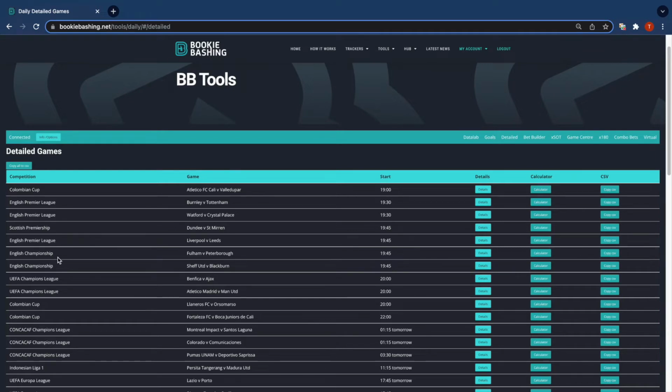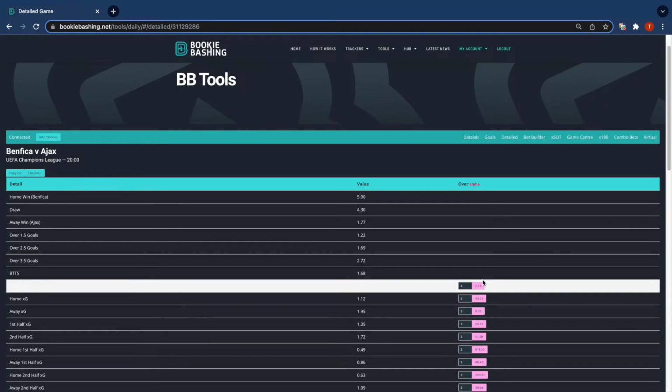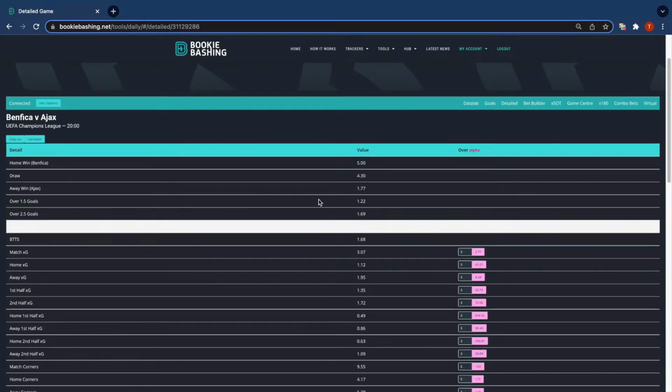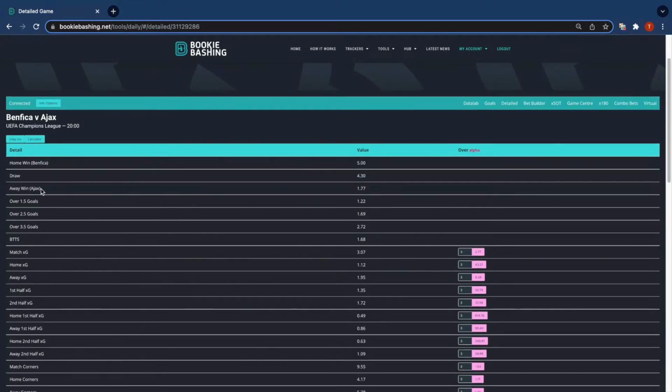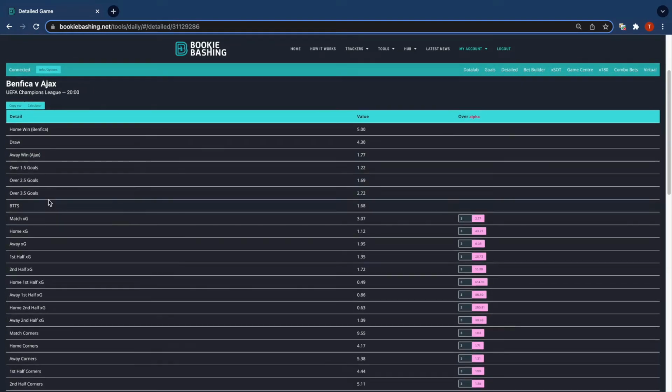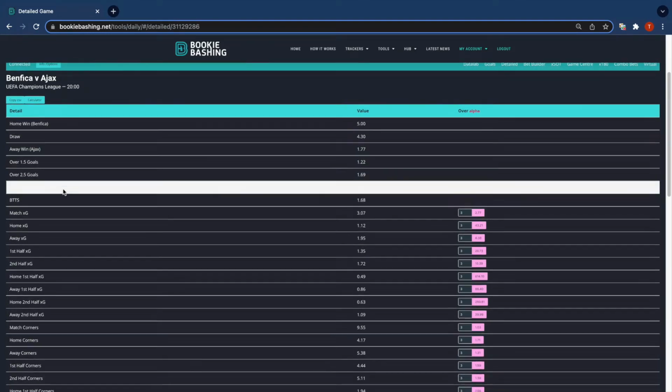If I go into the Champions League, Benfica versus Ajax, what we see here is a list of lines under the Detailed Games page. We've got home win and away win, the draw, and over goals lines. These all come from the exchange. We've got both teams to score.